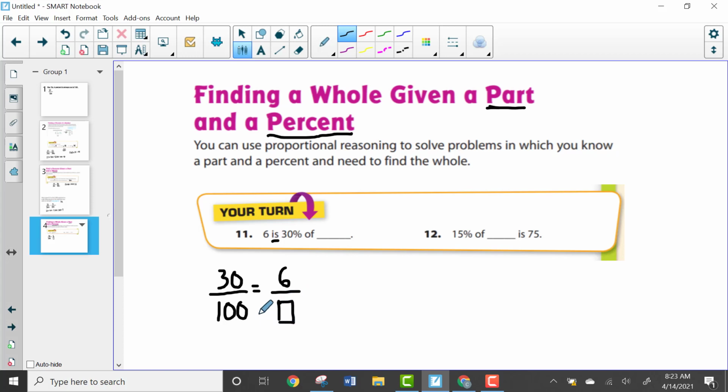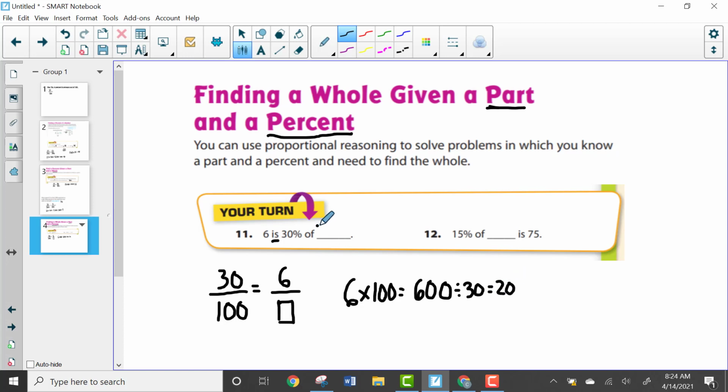And why does that equal 100? Because that's the total amount. So again, setting up like a proportion, we have 6 times 100. That's going to give us 600. We divide by that other number, which is 30, and that will give us 20.